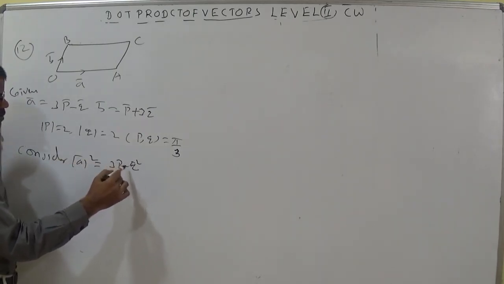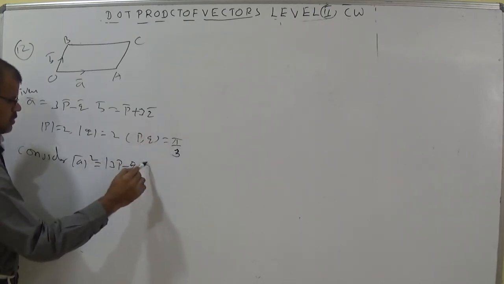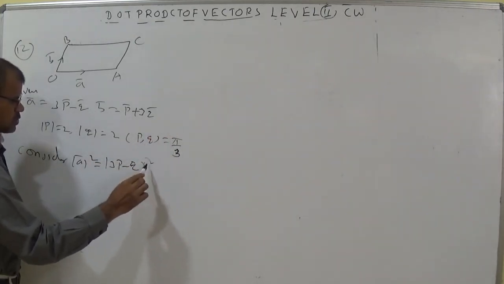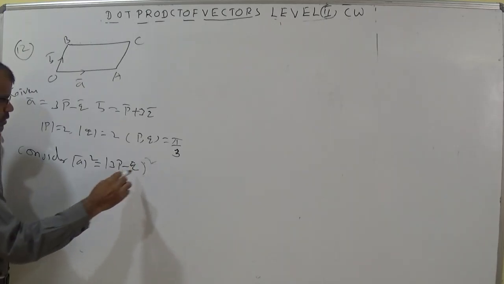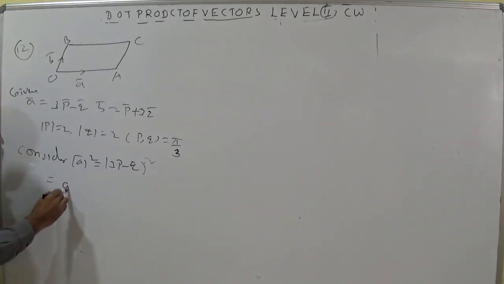You write 3P minus Q whole square. What is the value of 3P minus Q whole square?